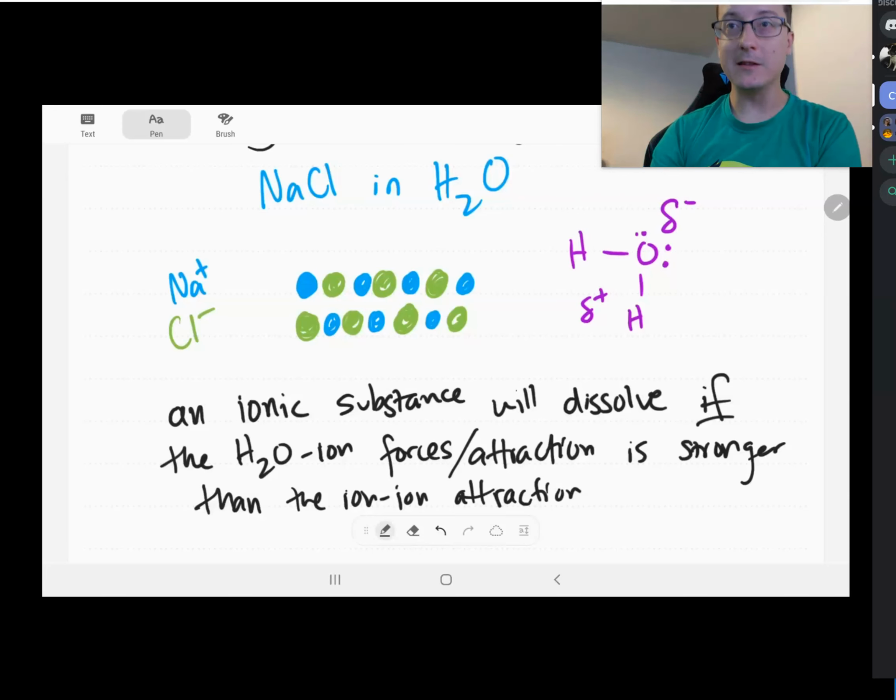Very often this is the case. Many ionic substances will dissolve in water. That's why they sometimes call water the universal solvent.